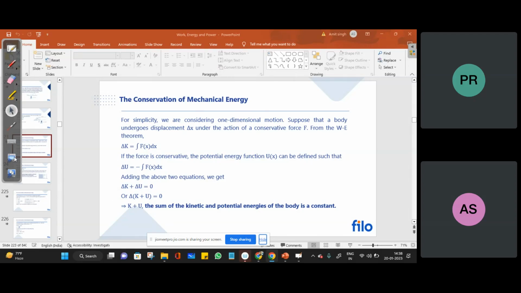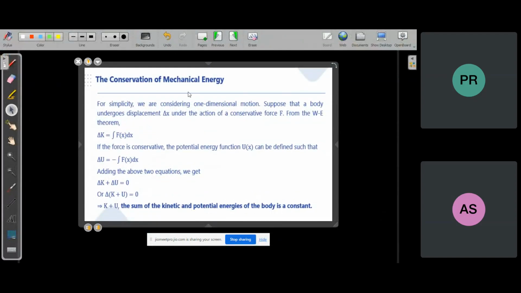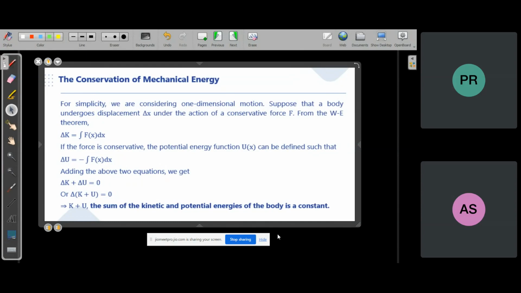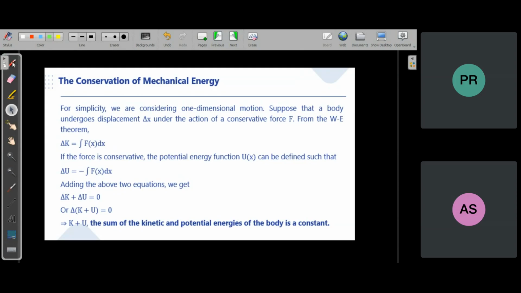Yeah, so now we are talking about conservation of mechanical energy. Here you have to understand that mechanical energy, we also call it total energy, but that is not correct. It is simply the sum of kinetic and potential energy of a body. Now, the mechanical energy of a body or of a system is not always conserved.